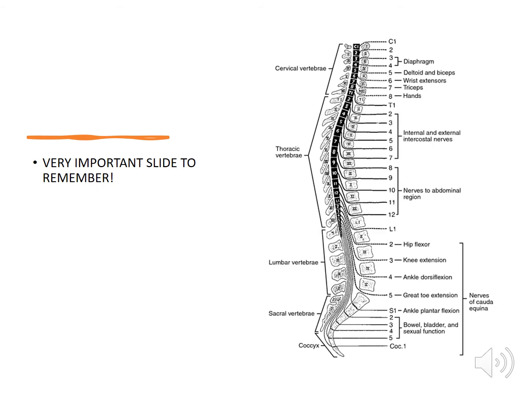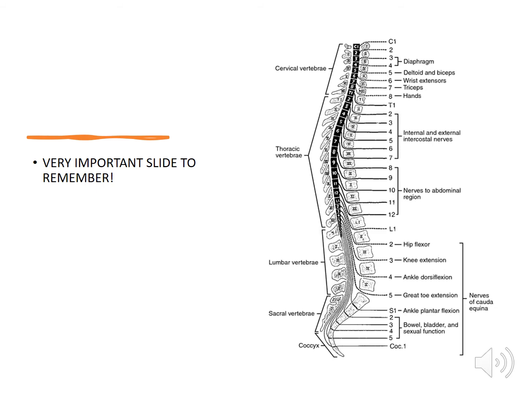So as you see here on the slide, C3 and C4 are going to be innervating the diaphragm. Then we have C5, which is the deltoid and the biceps. At C6, we have the wrist extensors. C7, we have the triceps.